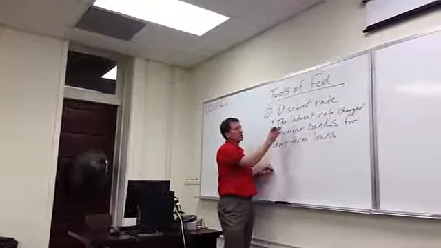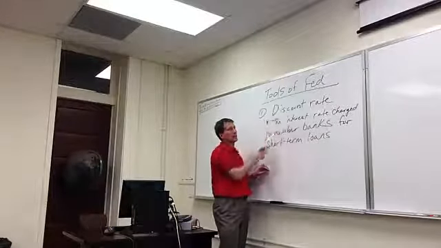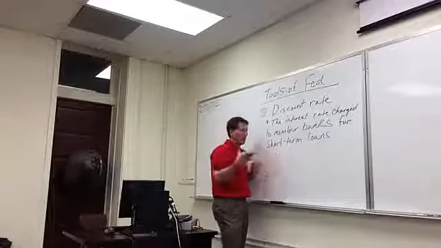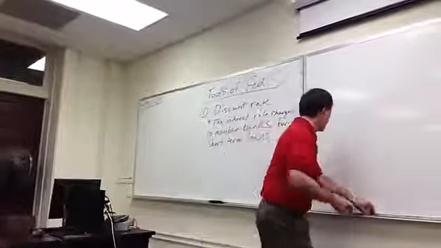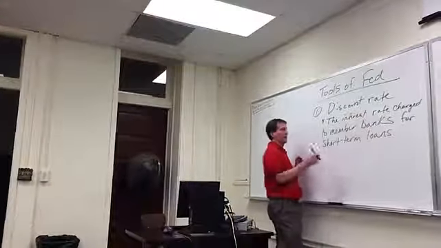So the only interest rate that the government sets is this one, the interest rate charged to member banks for short-term loans. Why are they making loans? Well, they might be in trouble, although the Fed has gone away from this.